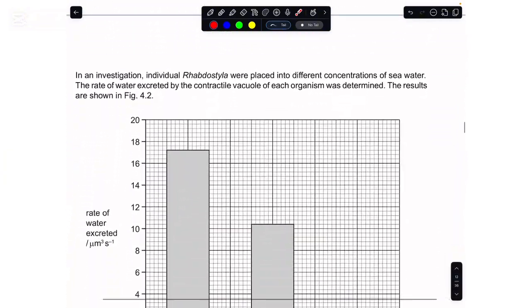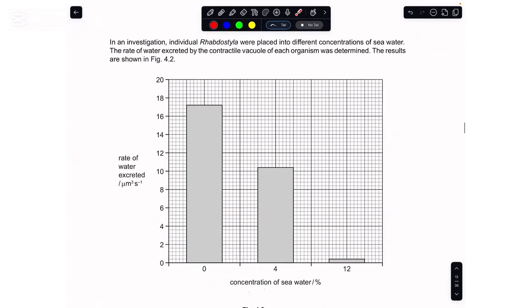Now, if I were to go further, they have given you a graph here, and they say that they have carried out an investigation in which they took individual Rhabdostyla and placed them into different concentrations of seawater. Like, for sure, there would be a beaker, and what we are adding into the beaker is seawater.